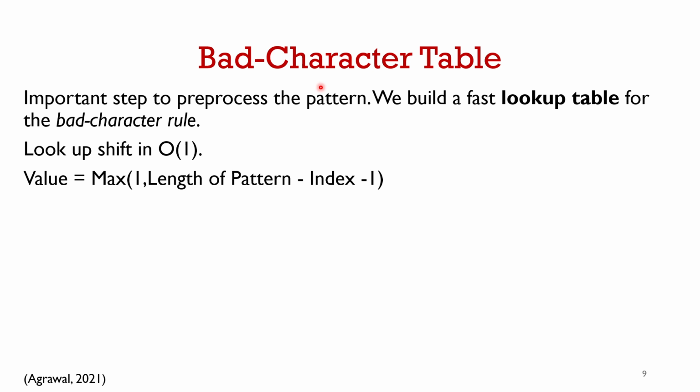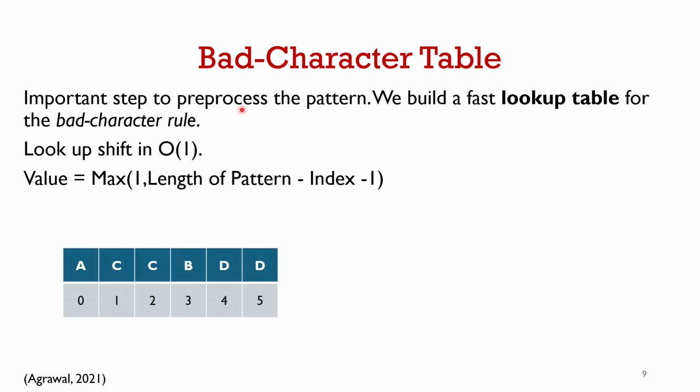Now I will introduce a very important step of the Boyer and Moore algorithm, which is to pre-process the pattern. We want to build a fast lookup table for the bad character rule. We do that by taking each character in the pattern and storing its last occurrence, for every possible character, in an array of size equal to the alphabet size.